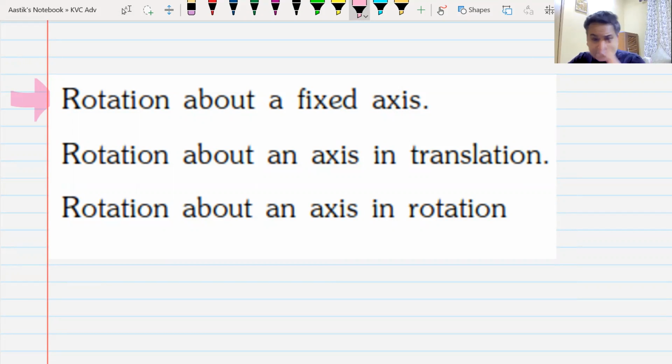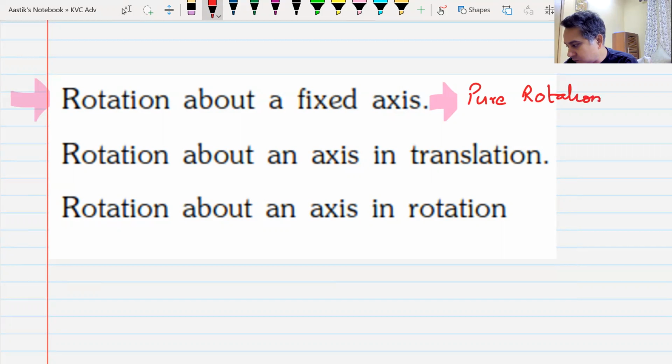Since the axis is fixed, the axis is not going anywhere, this becomes which motion? Pure rotation. Pure 100% rotation. Rotation about a fixed axis is pure rotation.